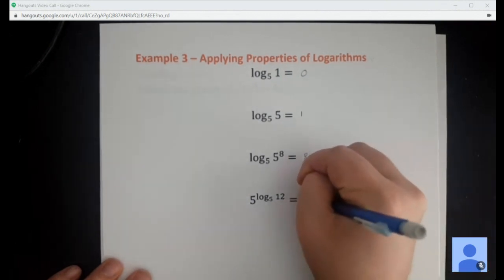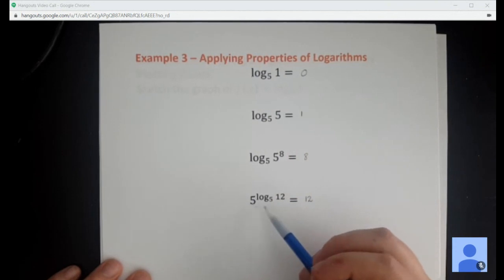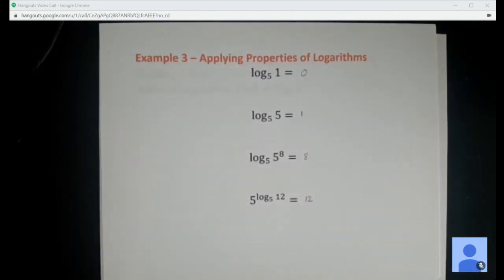Good. This one's just going to be 12, because as long as your base here and your base here match, those basically cancel each other out, and we're just left with whatever's inside the logarithm, which gives us a 12. Any questions on those now?